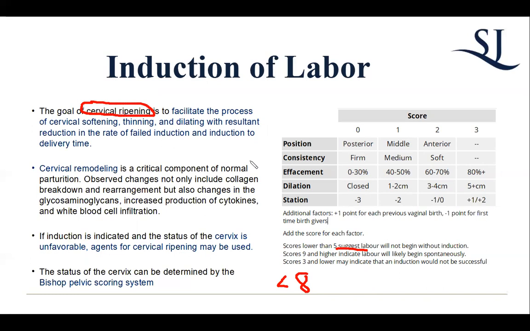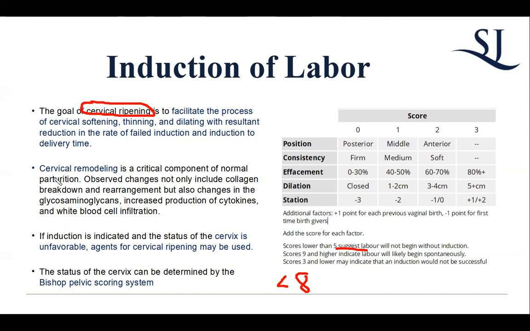But the point is that if you're trying to induce a patient, there's a class of medicines that can be used only for cervical ripening to get the cervix softened. That has to happen before you use other medicines, which are more targeted towards enhancing uterine contractions. That's how you have to start to think about it.